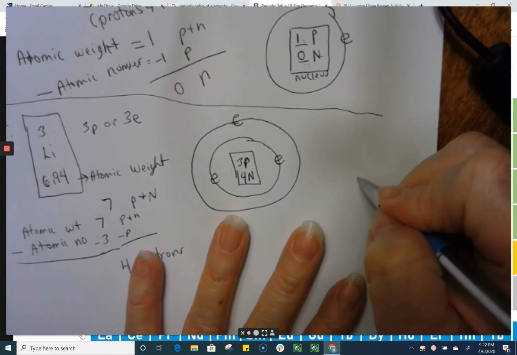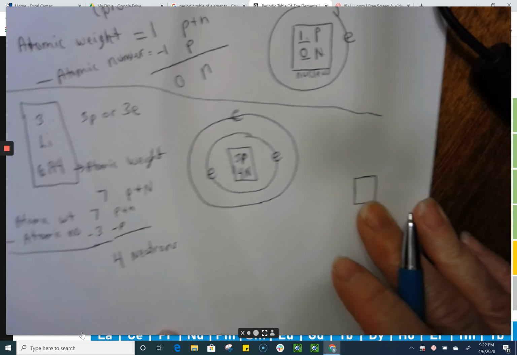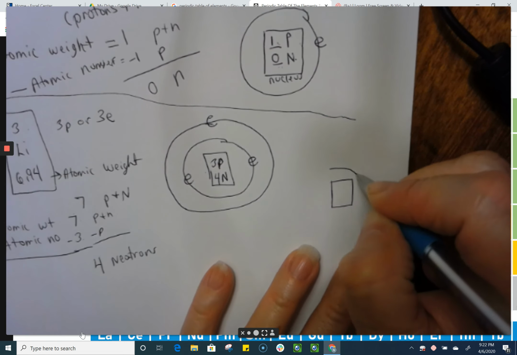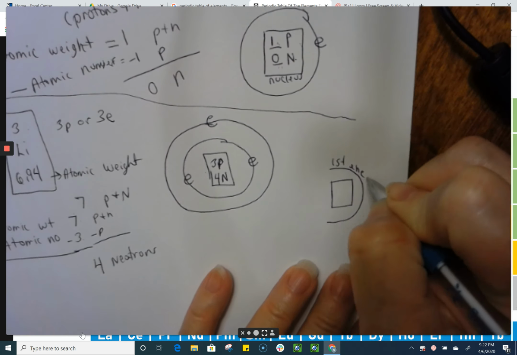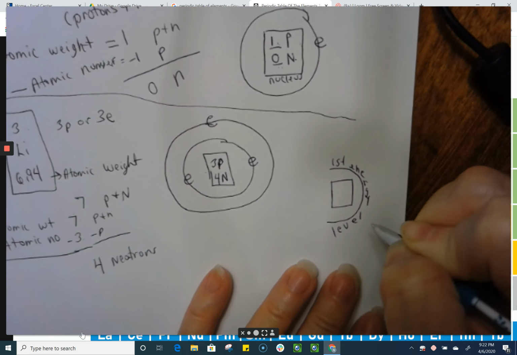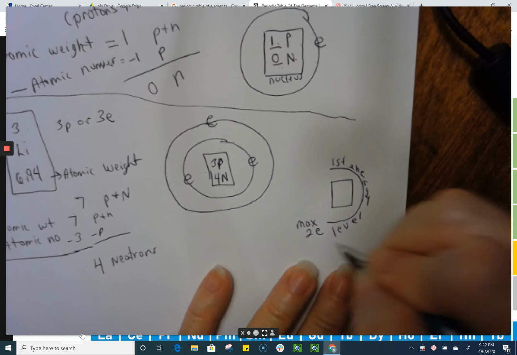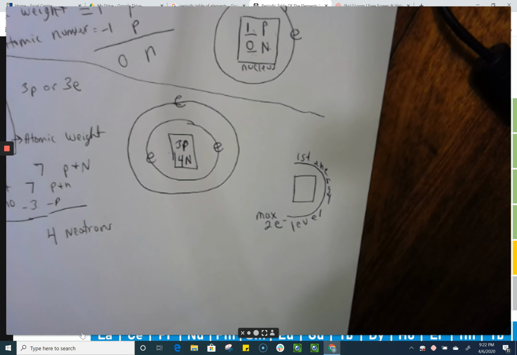For practical purposes, we won't get past the third energy level when talking about this stuff. I'm just going to draw a half shell so I've got some room to write. This is the first energy level closest to the nucleus, and it will hold a maximum of 2 electrons, because they are like charges, they'll repel each other.